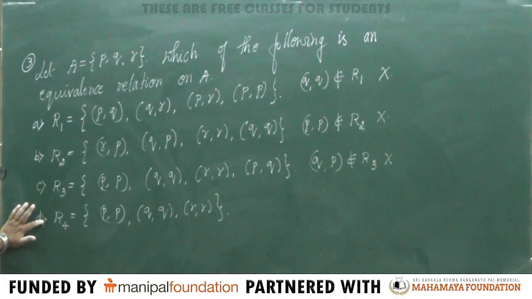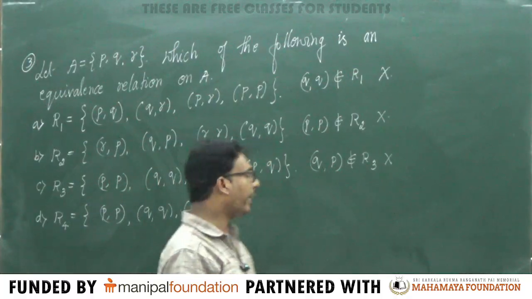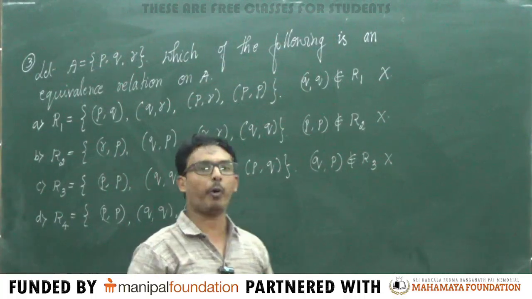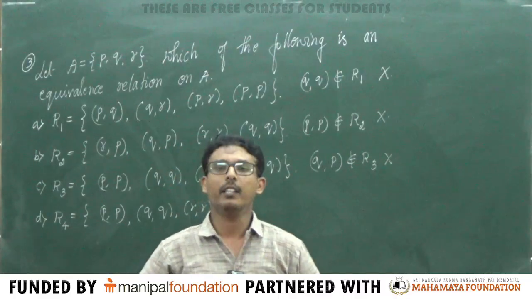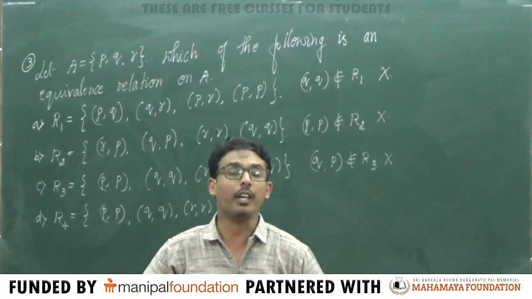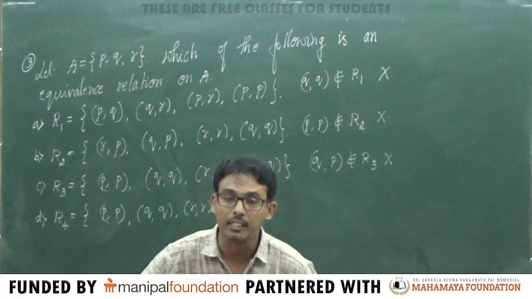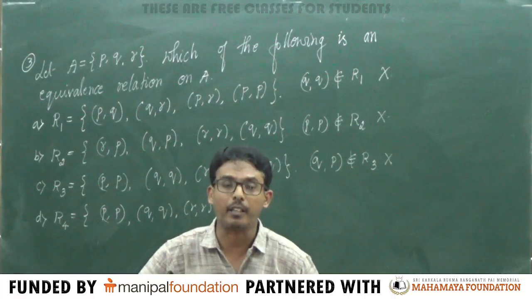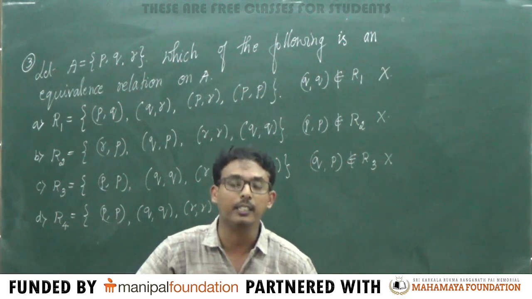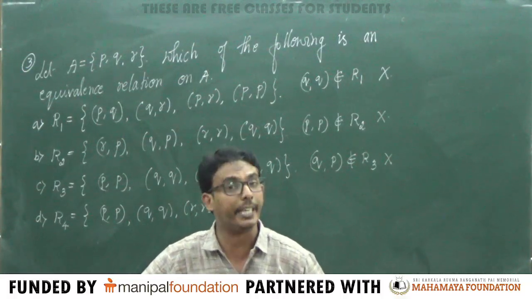In the relation R4, it is (P, P), (Q, Q), (R, R). It is reflexive, symmetric and also transitive. The very important point here is that, to verify transitivity, if ordered pairs of the form (A, B), (B, C) do not exist, we still say that the relation is transitive by default.